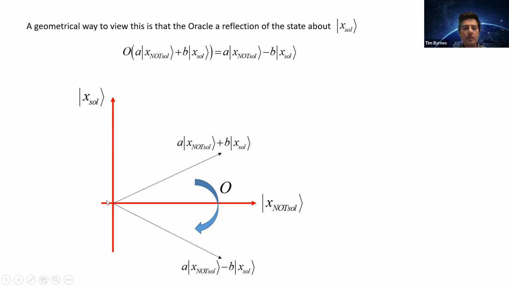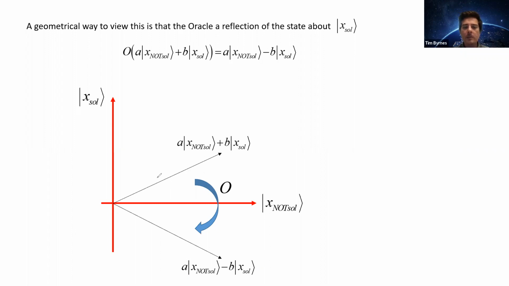After you apply this oracle, this has a minus sign, so whatever it was up here will be reflected around this axis. I'm thinking of a and b as real numbers here, and in fact, we're going to see that throughout this whole thing the coefficients of a and b are always real numbers. So we don't have to think about imaginary components of a and b, which makes our life a bit easier.